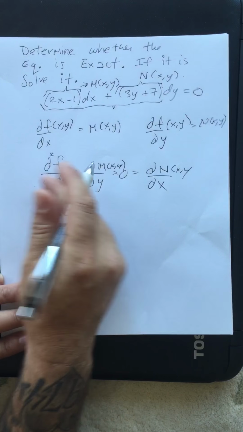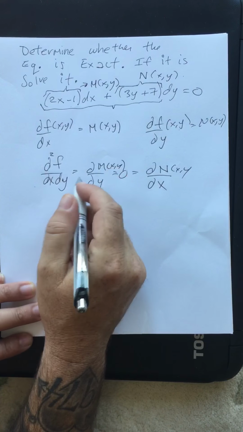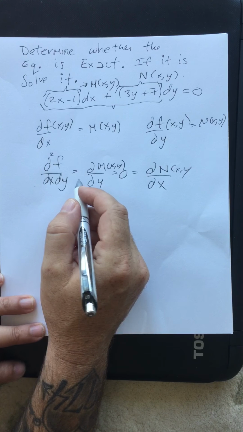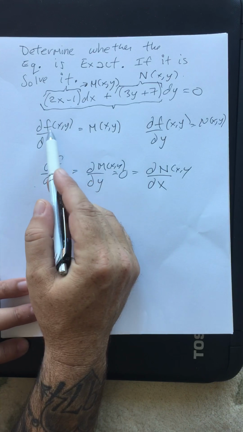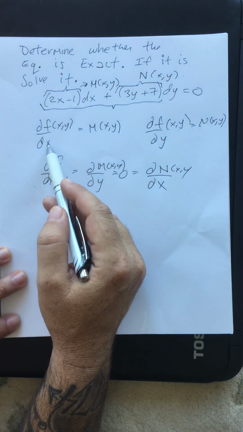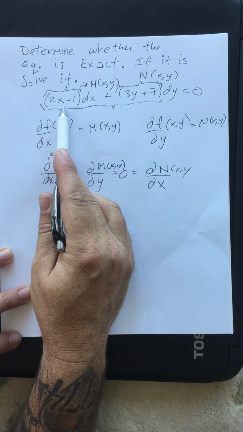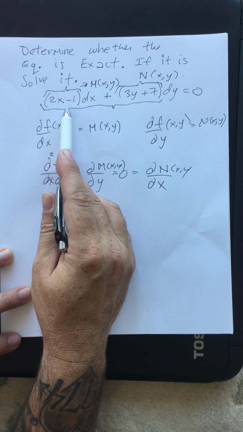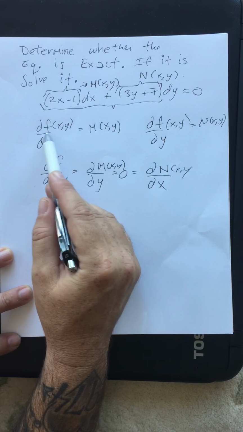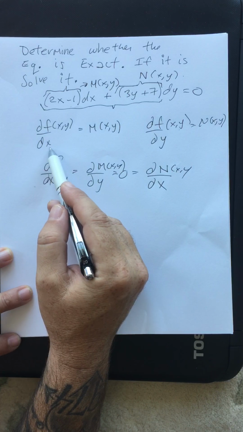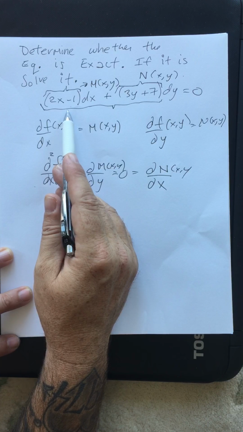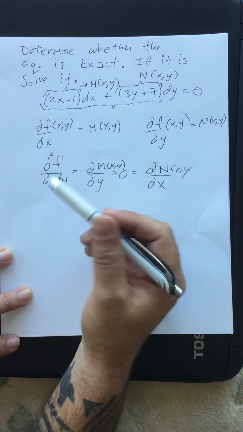How do we solve it? Well, we're trying to find this function f(x,y). If we were to integrate this with respect to x, because remember, this is the function f(x,y) with the partial derivative with respect to x, we would get this function back in a sense.